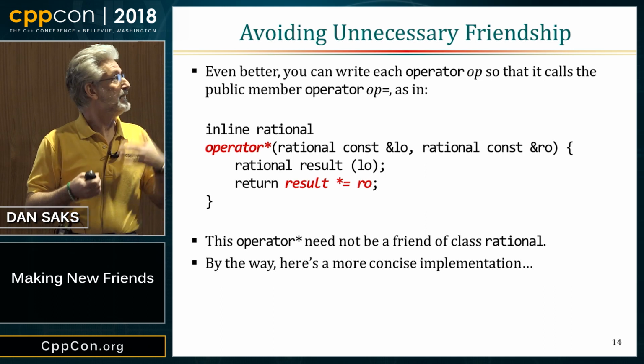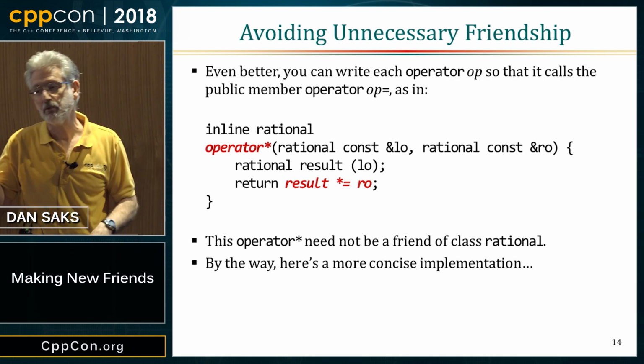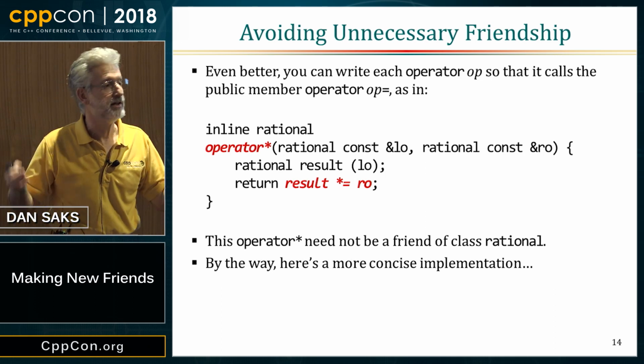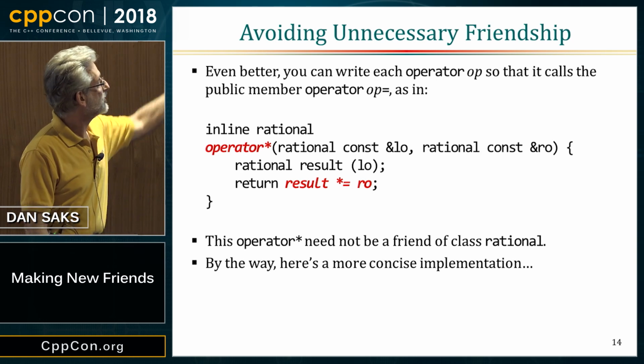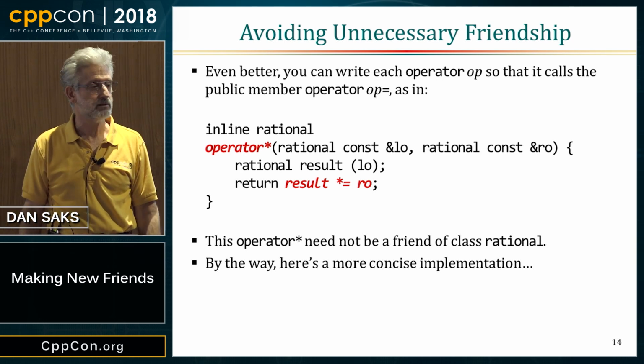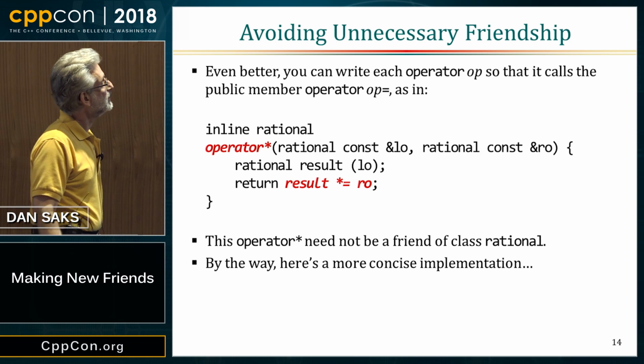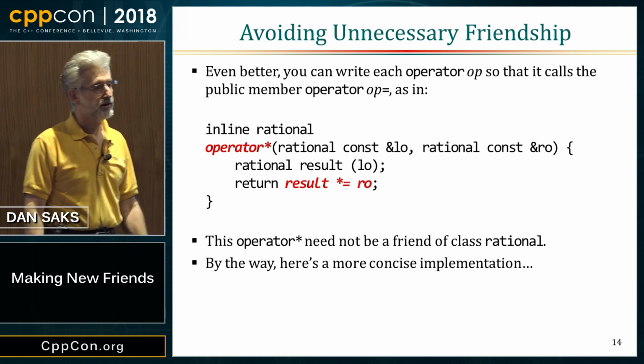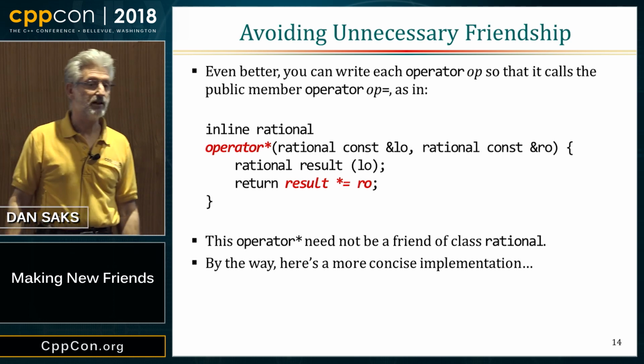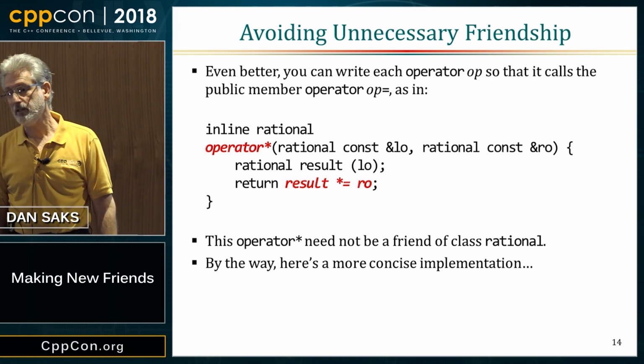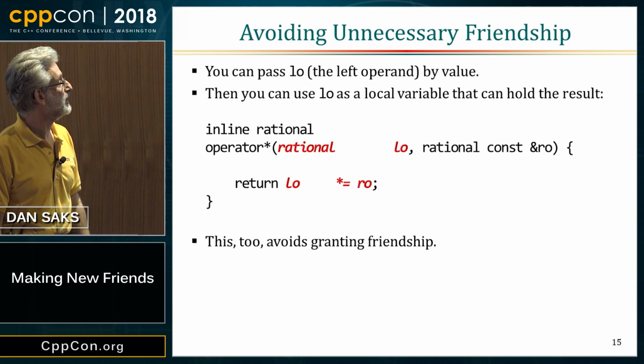If you say x times y, you don't expect to change x and you don't expect to change y. You expect the answer to go somewhere else. So you have to have a local object to hold that result. And then you use the star equals operator there. But in fact, there's a clever way to avoid having to declare that local object, and that is to do it this way.